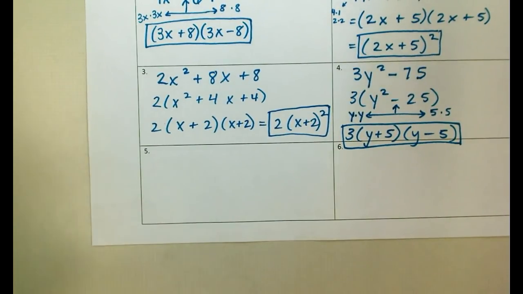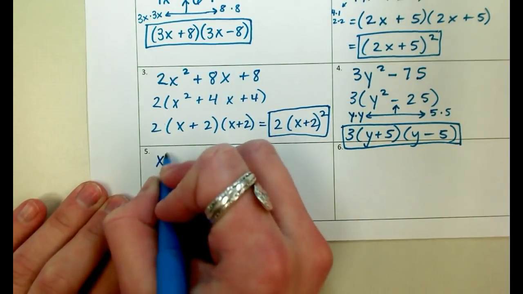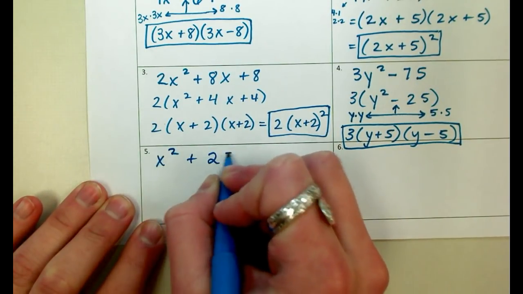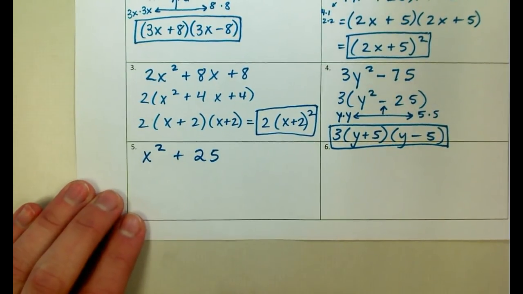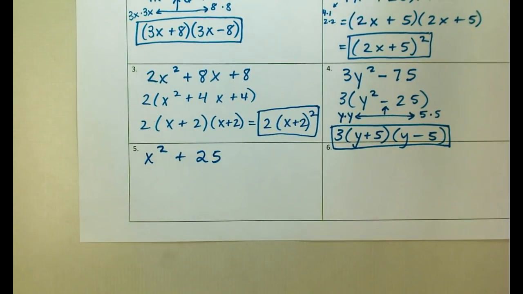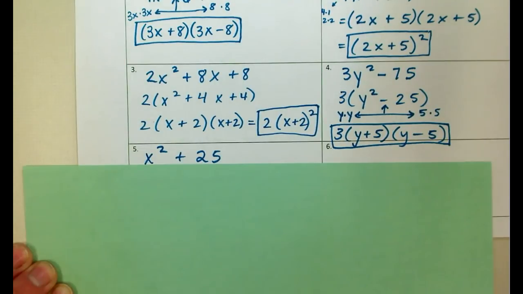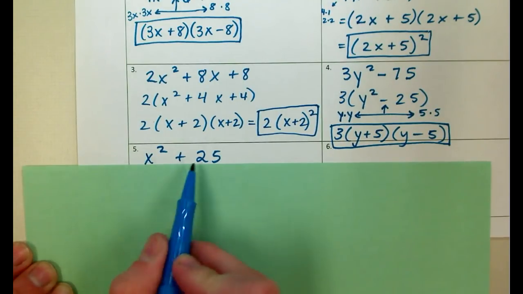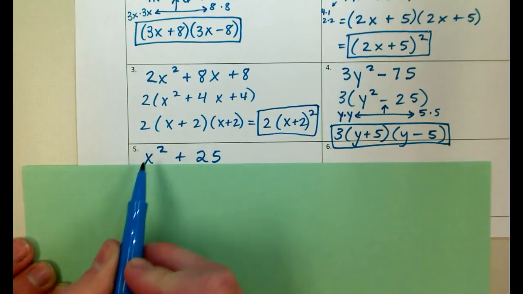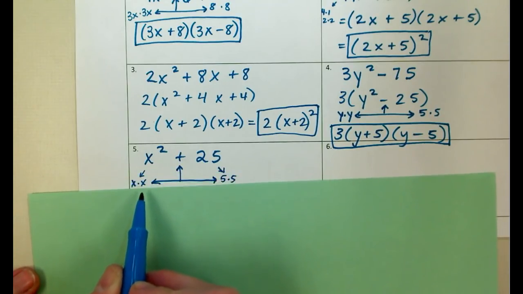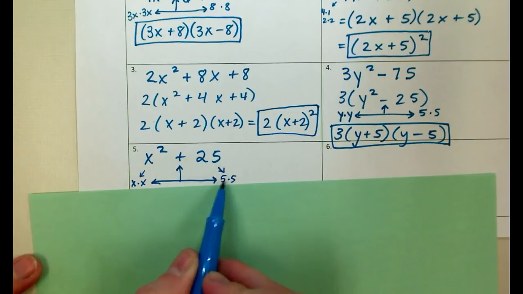All right, number 5. x squared plus 25. Pause the video and try this one out. Okay, for this one, I noticed I had two perfect squares here. x squared, I have x times x, and 25, I had 5 times 5.